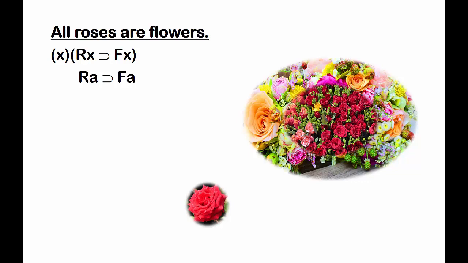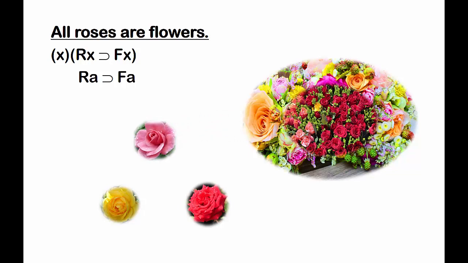Suppose that I picked at random another rose. Given my universal sentence, I would know that this one also is a flower. If I picked another one, I would also know that it's a flower.